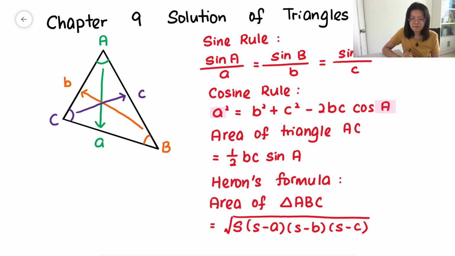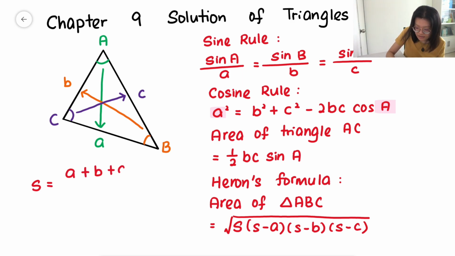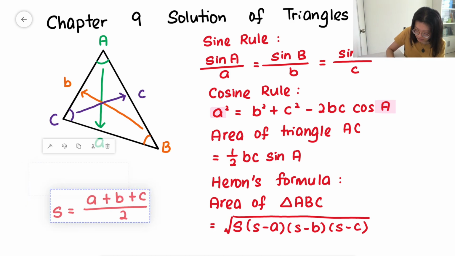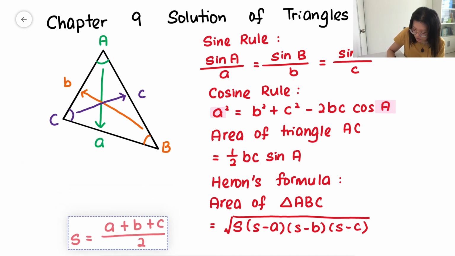Heron's formula can only be used when you have all the lengths of a, b, c, all three sides. Why? Because S equals to a plus b plus c over 2. After you have this, only then you substitute it inside.